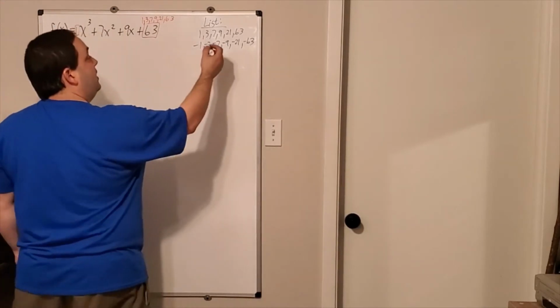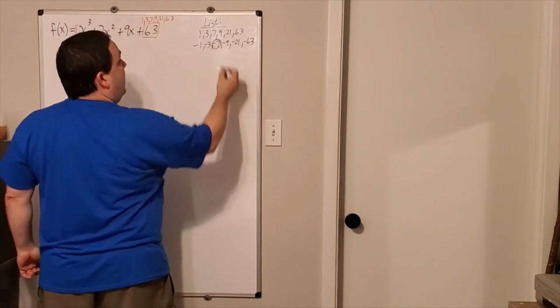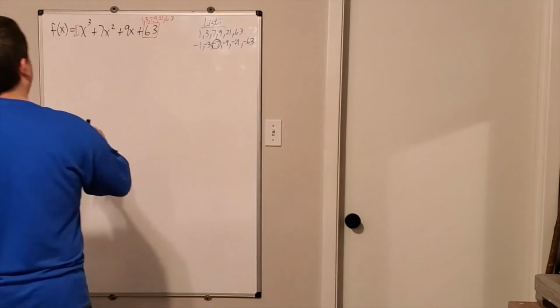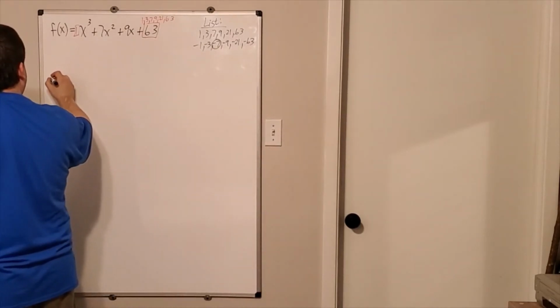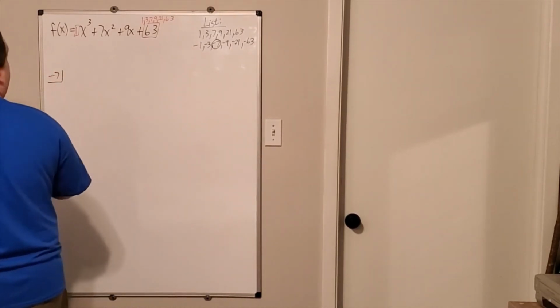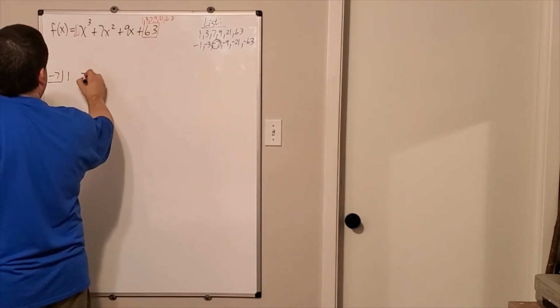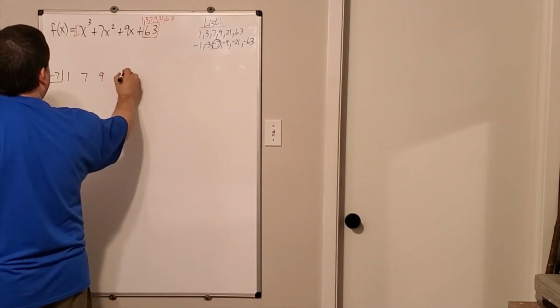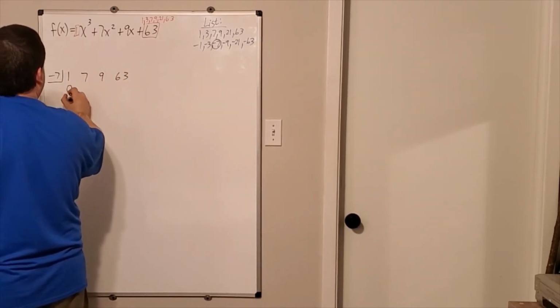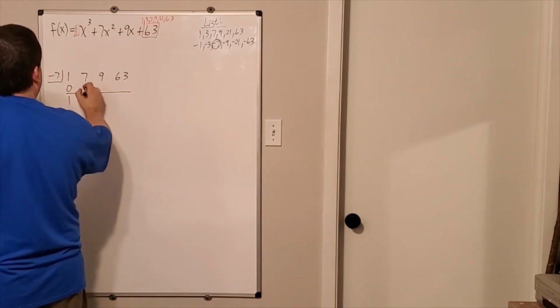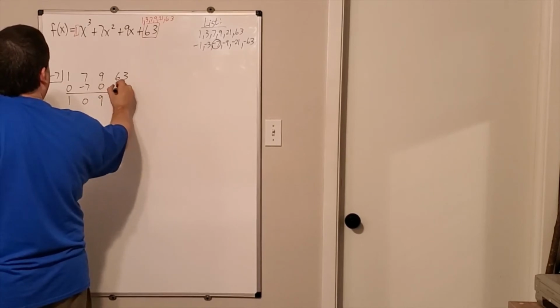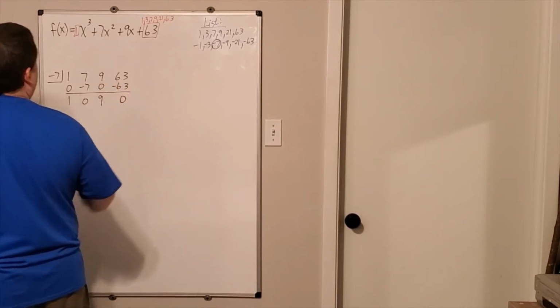All of this to me is pointing towards try the negative 7. So that's what I'm going to do. Negative 7 in the box. I have 1, 7, 9, 63, 0 over 1, negative 7, 0, 0, 9, negative 63, 0.